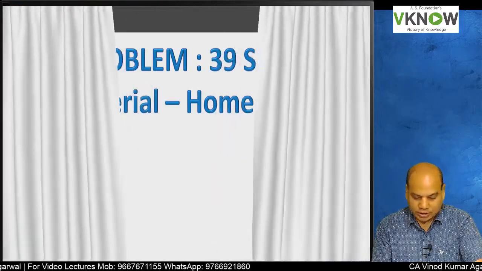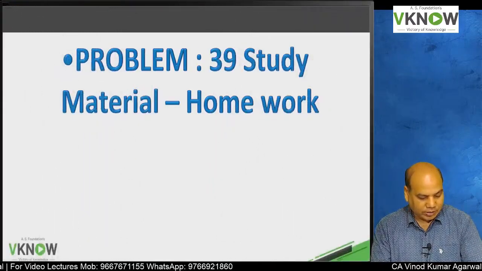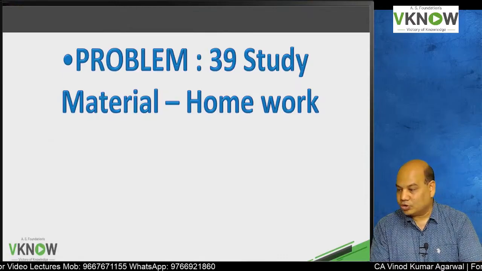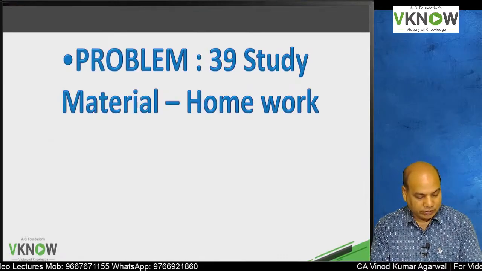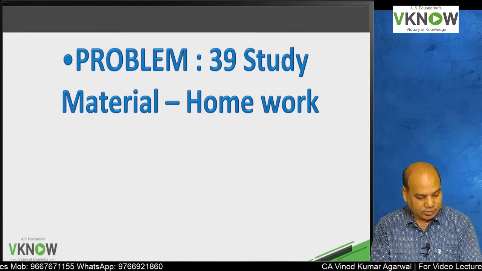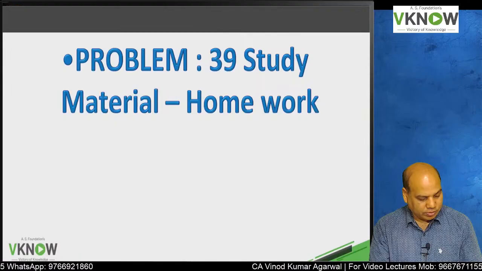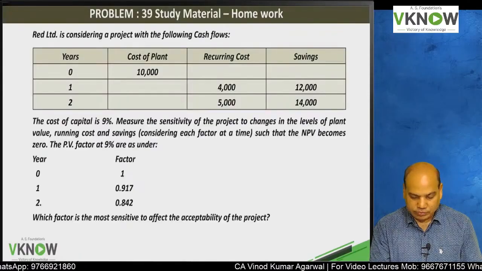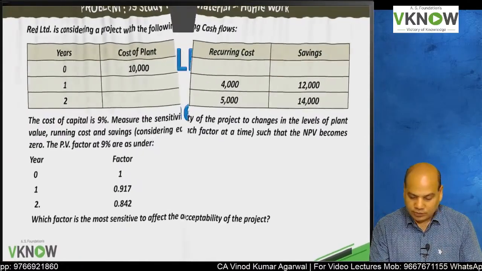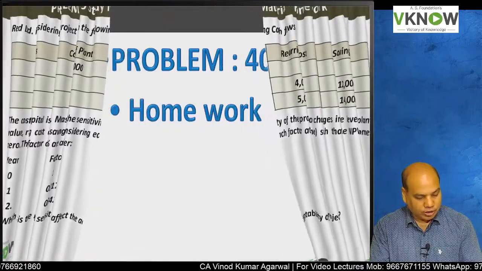Question number 39, homework. Just read the problem yourself, same to same question, only figures are different. In fact, much simpler, because you have only 2 years, whereas I had taken a 3-year problem. Then question number 40, homework.